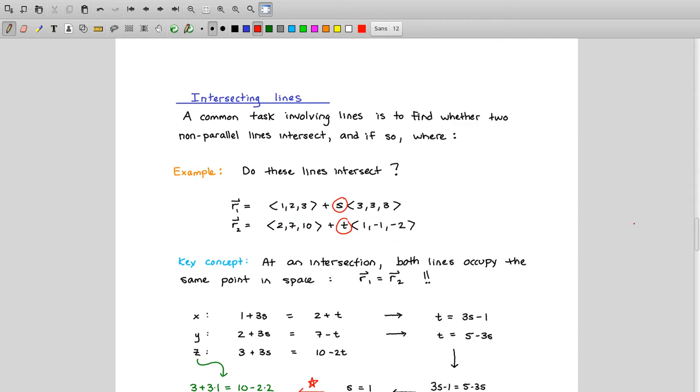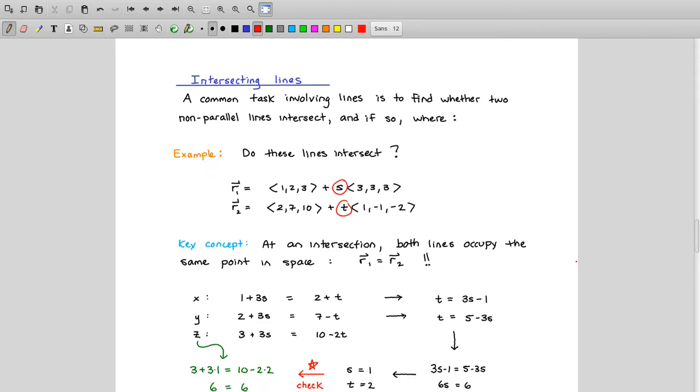Okay? So what we're going to do is try and set this equation and this equation equal to one another. And we do that component by component. At that point, the x values must be equal, the y values must be equal, and the z values must be equal. So we take the x components. Here we have, on the first line, 1 plus 3s. In the second line, the x component is 2 plus 1t.